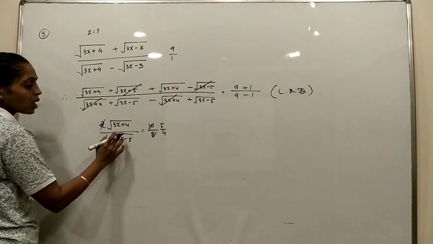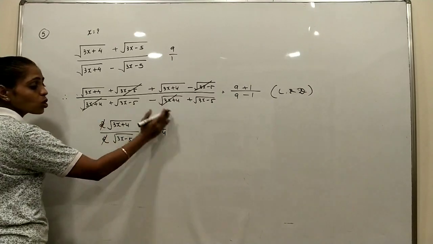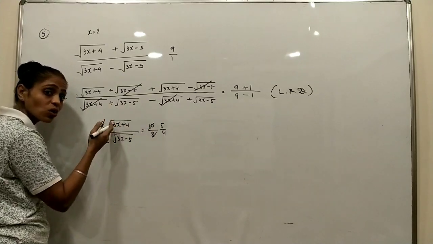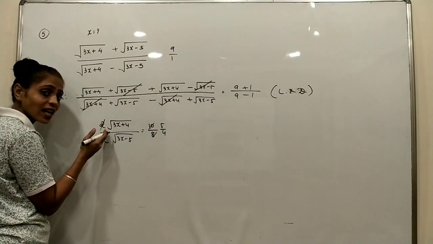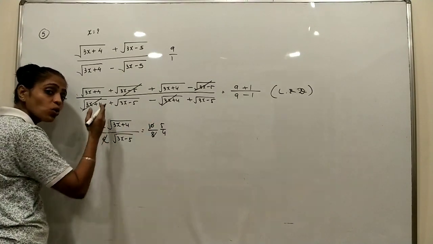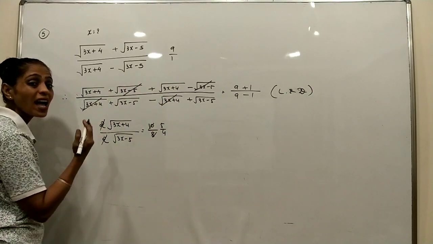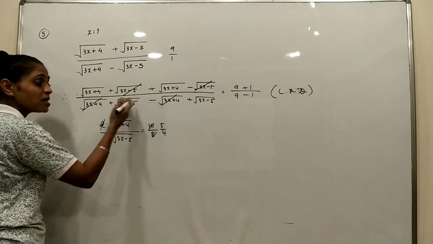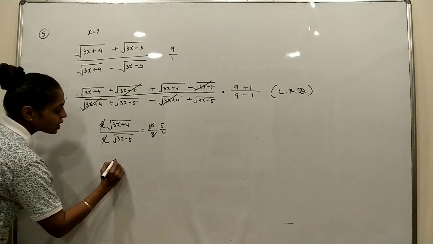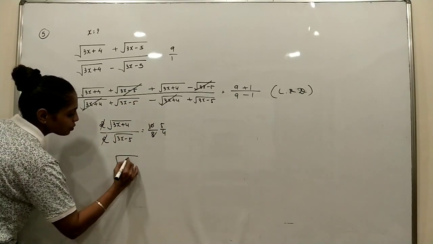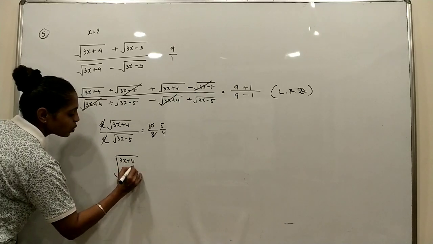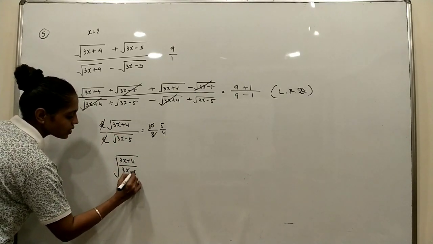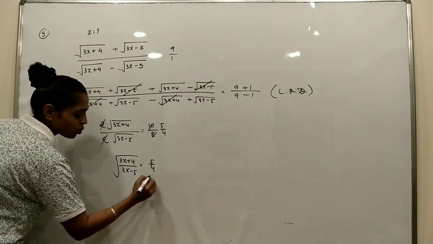Right. Now, whenever a root goes to the other side, it becomes a square, and when a square goes to the other side, it becomes a root. Here, because numerator and denominator both have roots, 3x plus 4 upon 3x minus 5 is left.